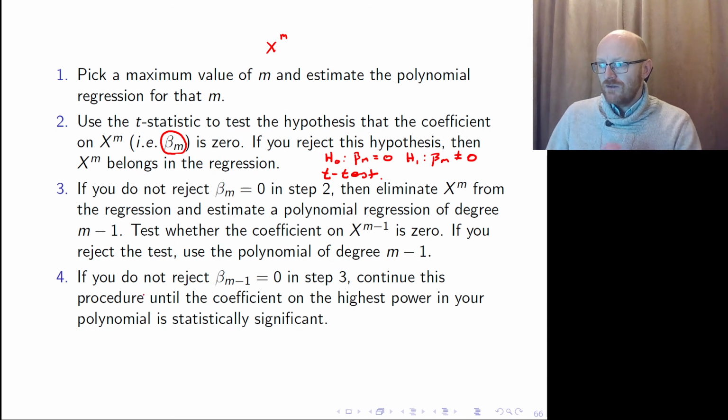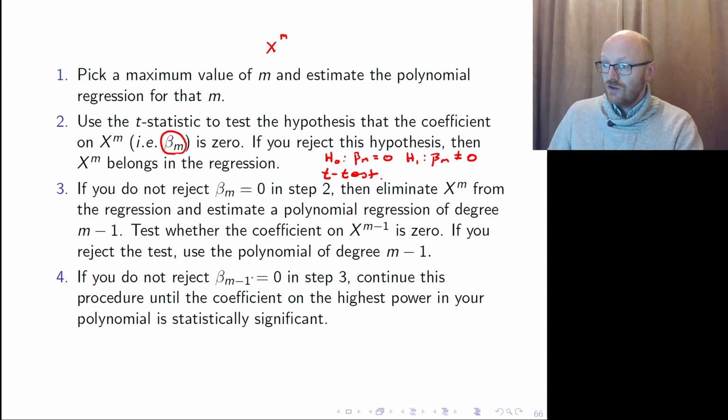If you reject the test, you use that polynomial and those polynomials with lesser degree in your model. Okay, you keep them.